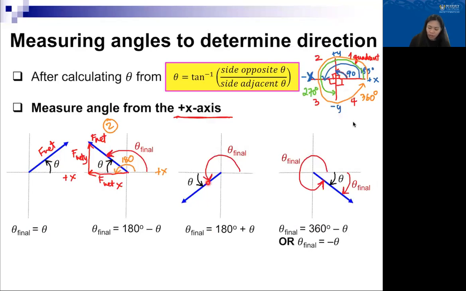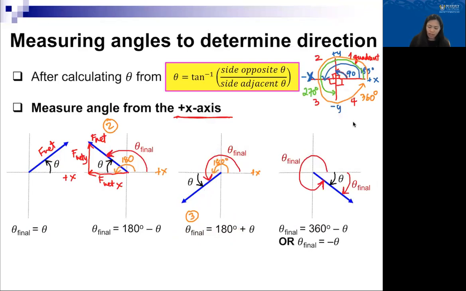And if your net force is in the third quadrant, your final direction measured with respect to the positive x-axis will be this angle. You then have to add 180 degrees because we know from positive x to negative x is a 180-degree angle.